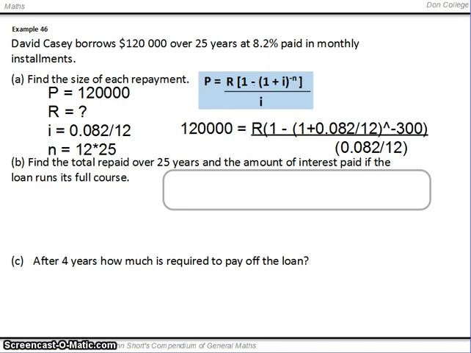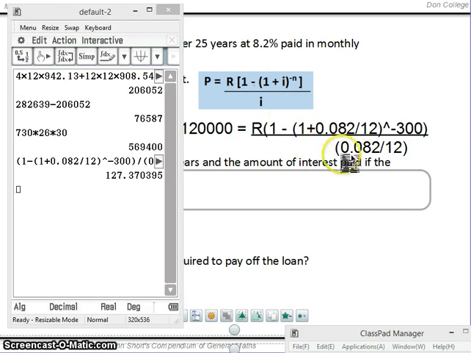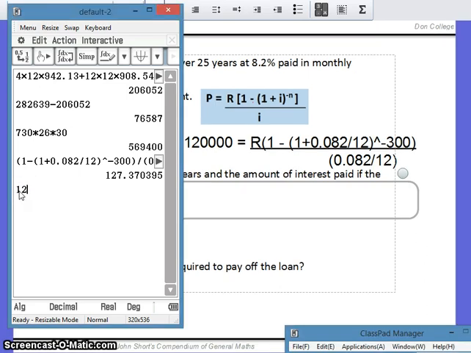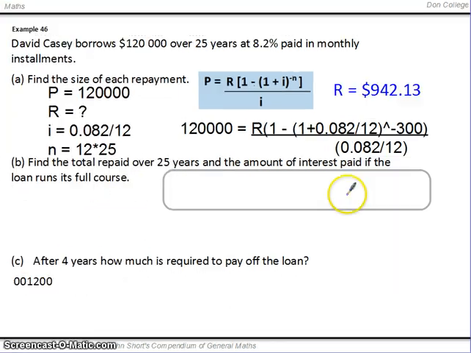If you do that on your calculator, just working out this right hand bit here, I get 127.37, so it's 120,000 equals R times 127.37, and then do 120,000 divided by 127.370395, and there's my repayment, $942.13. So there we have our value for R.